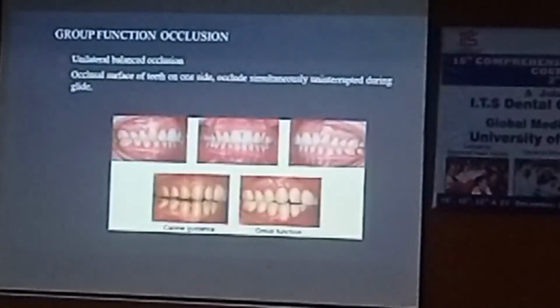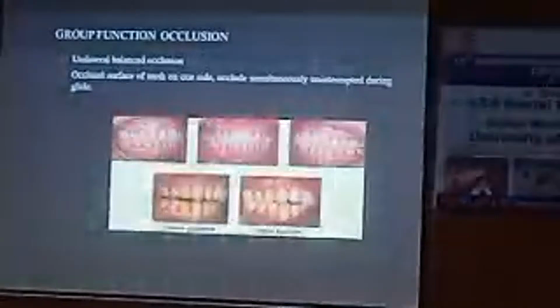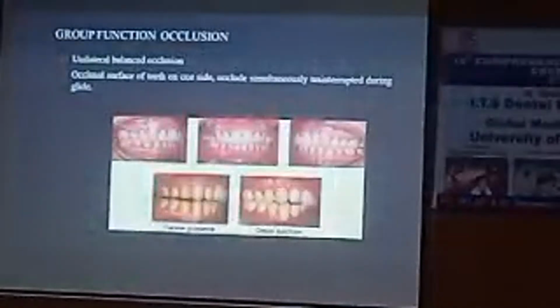You will go for a failure. Clear? Secondly, group function gives me an advantage. Here, masticatory forces are generated and they will be distributed. So the pressure over each and every tooth will be reduced. So we give group function. Right? Okay.